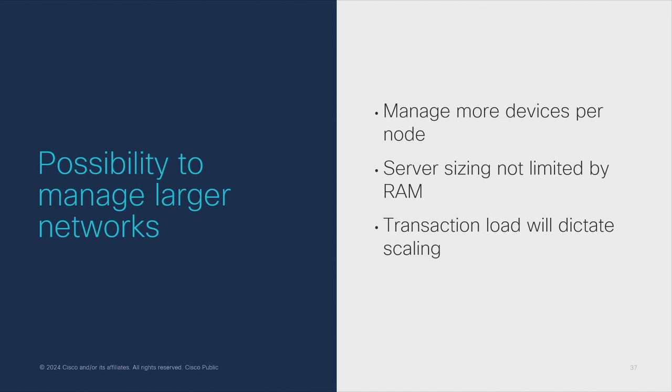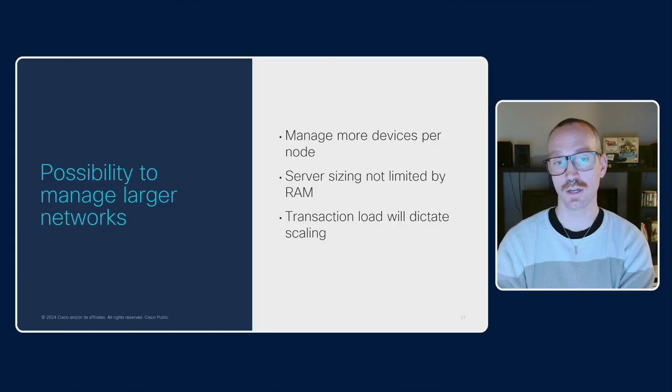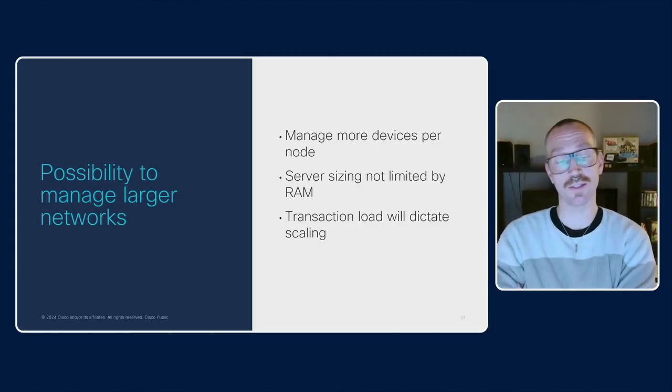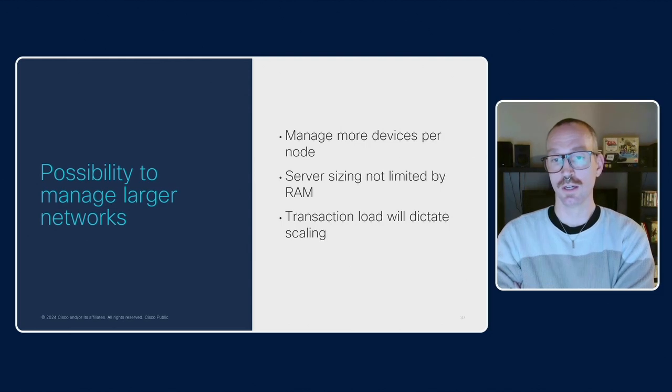So when you now size a server, you don't need to limit it by the amount of available RAM. Previously, there was a strong correlation between the number of devices managed and the available memory on the server. That was one of the major factors. And the other factor was how much work that node was going to do.